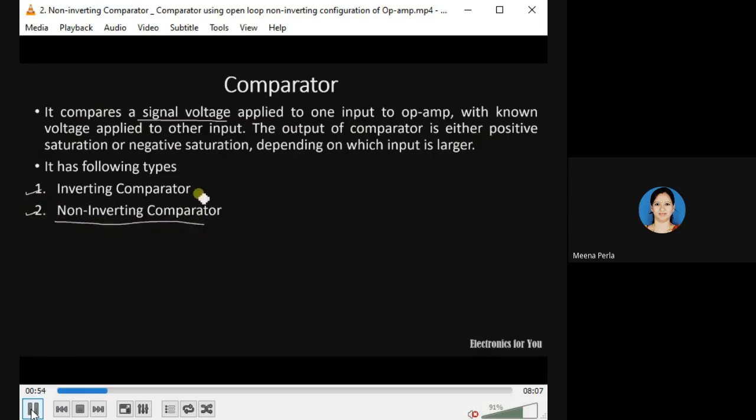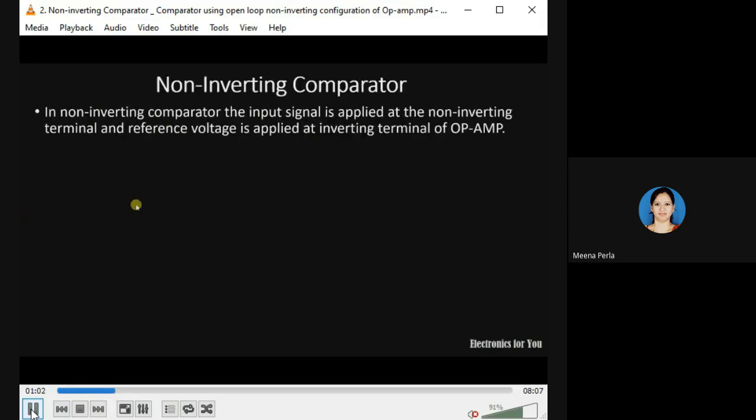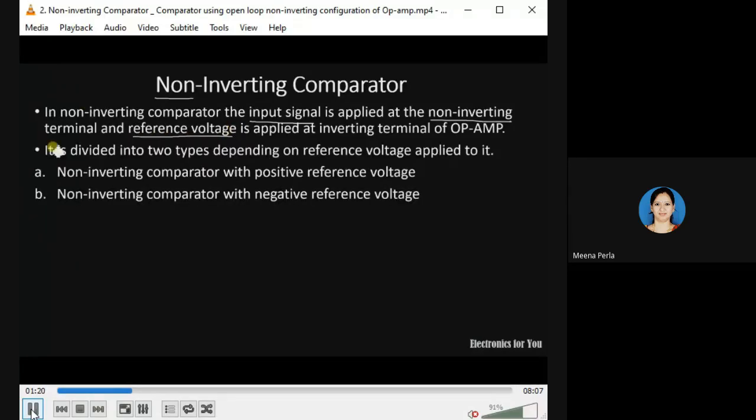So now we'll move further with the non-inverting comparator, as we have already studied the inverting comparator. In a non-inverting comparator, the input signal is applied to the non-inverting terminal and the reference voltage is applied at the inverting terminal of the operational amplifier.